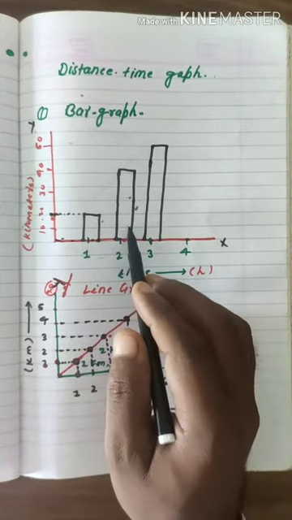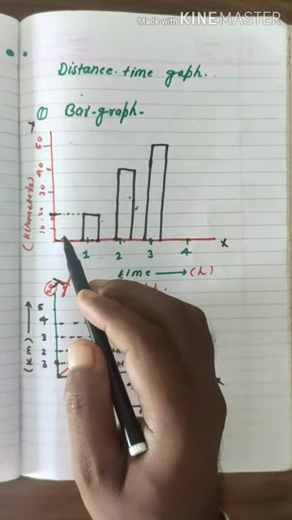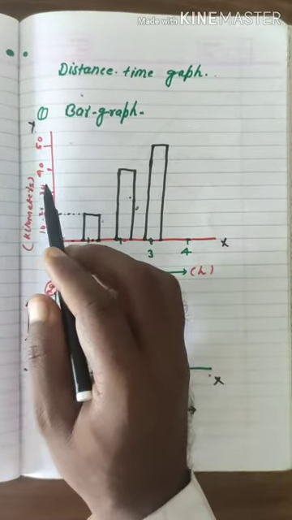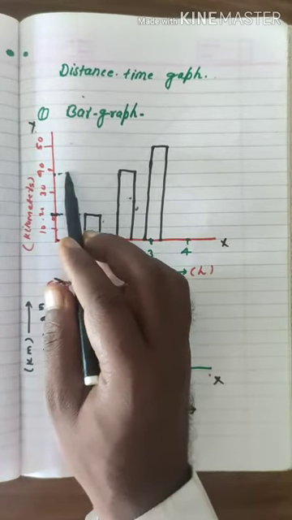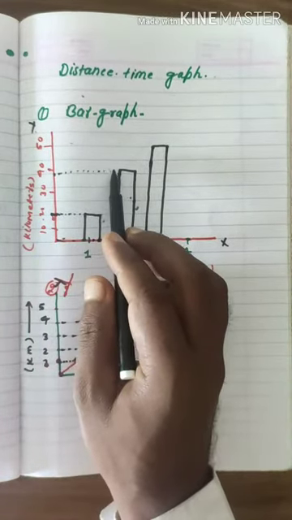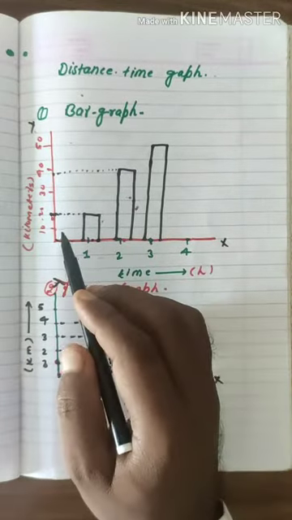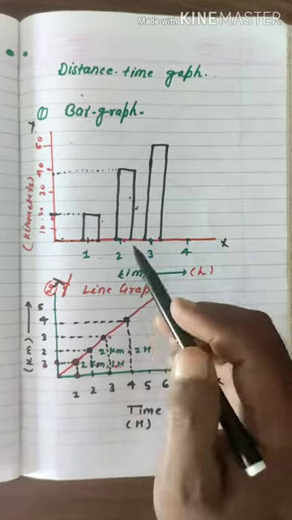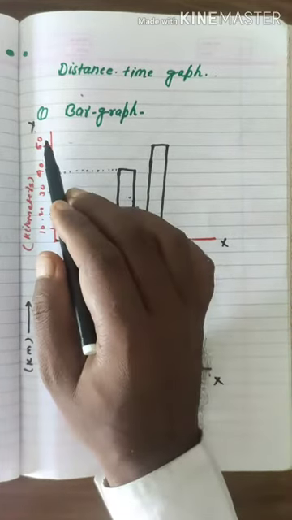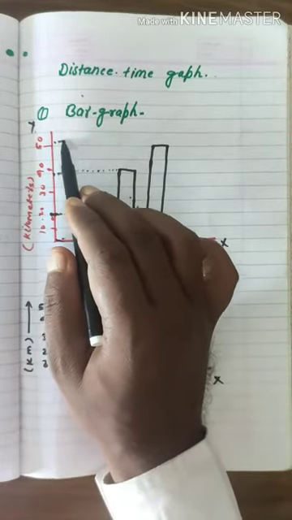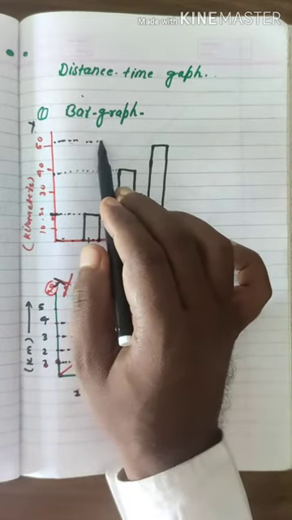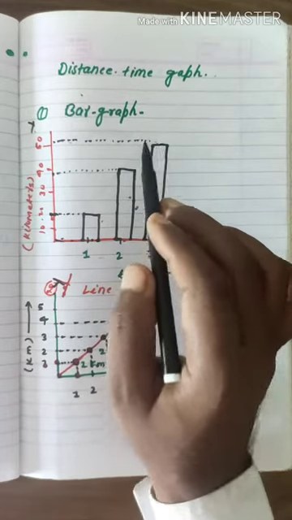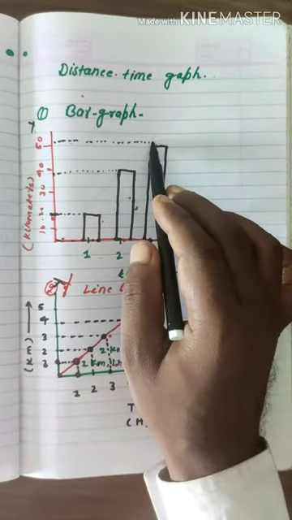Here another, in the next 2 hours any vehicle covers a distance of 40 kilometer, and here in 3 hours any vehicle covered a distance of 50 kilometer.